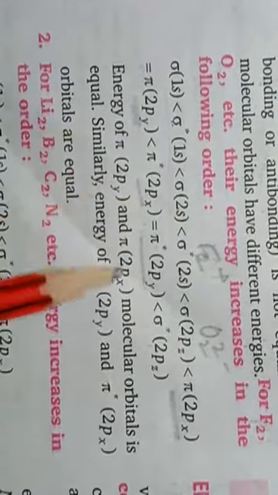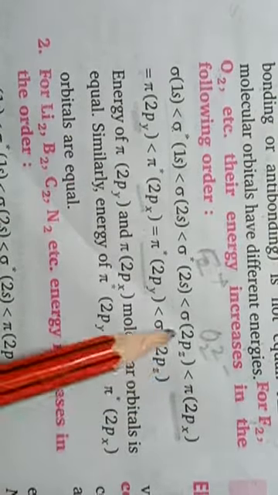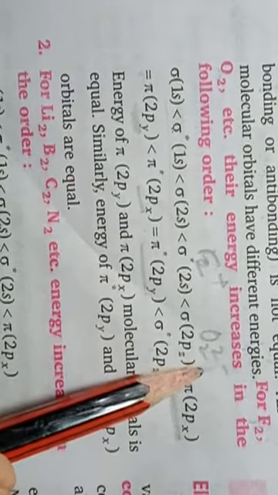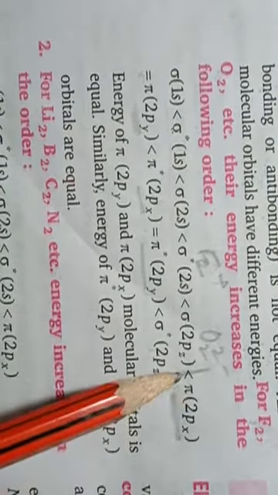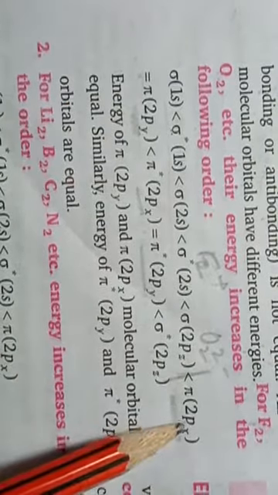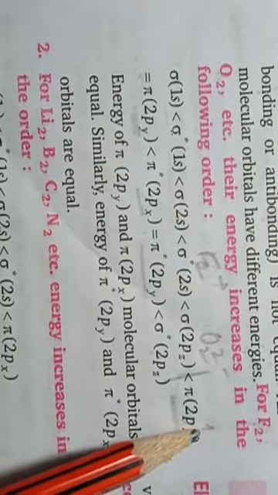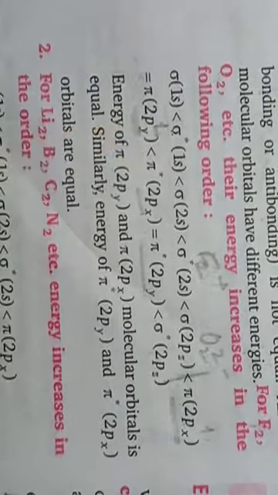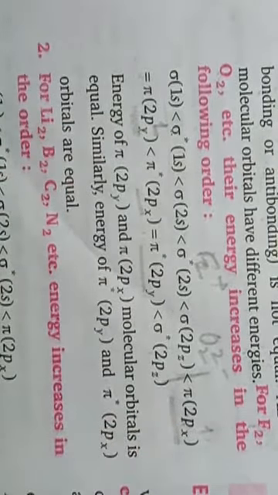When you fill electrons here, suppose up to filling the sigma 2pz you have 2 more electrons to fill. You will distribute those 2 electrons equally, one to 2px and one to 2py, because these two have the same energy.